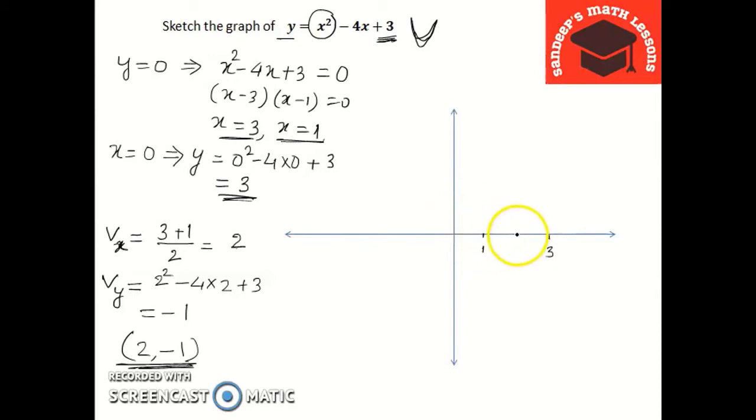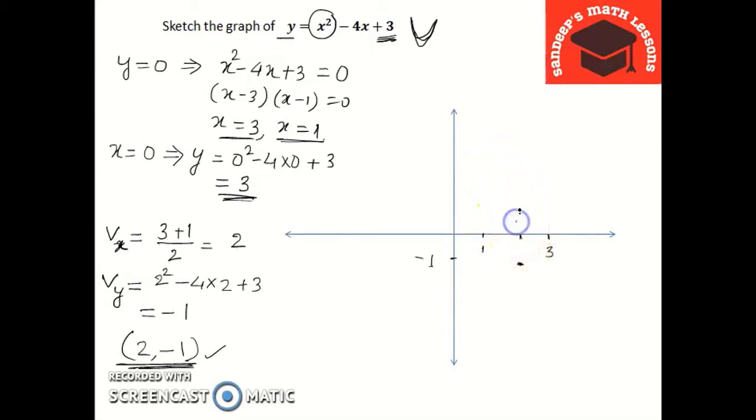So say this is 1 and this is 3, and we know the vertex is at 2 comma negative 1. So 2 will be somewhere over here and the negative 1 will be somewhere here. So our vertex will be at this point, right?